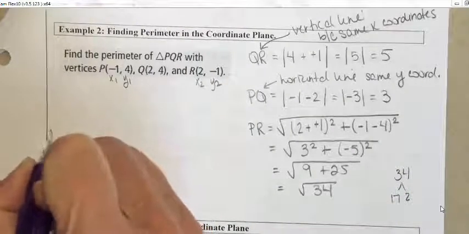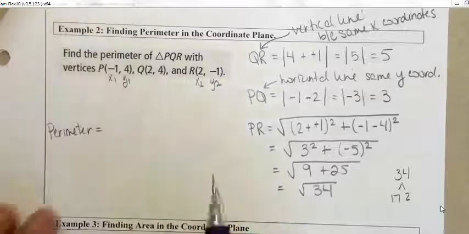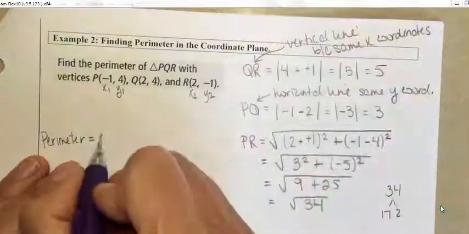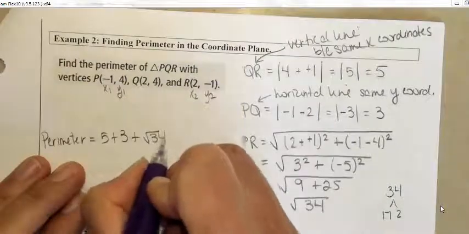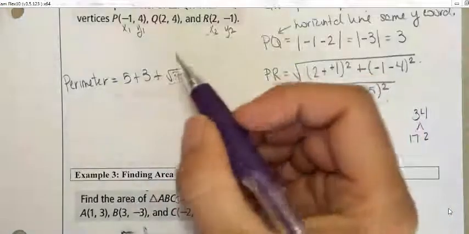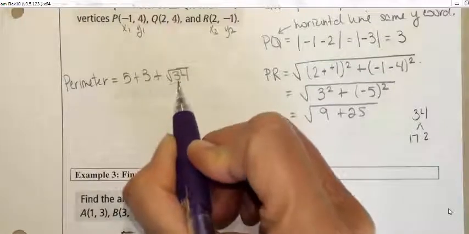So the perimeter will equal, let's see, it's going to be 5 plus 3 plus the square root of 34. Now think of the 34 kind of like a variable, like an x.